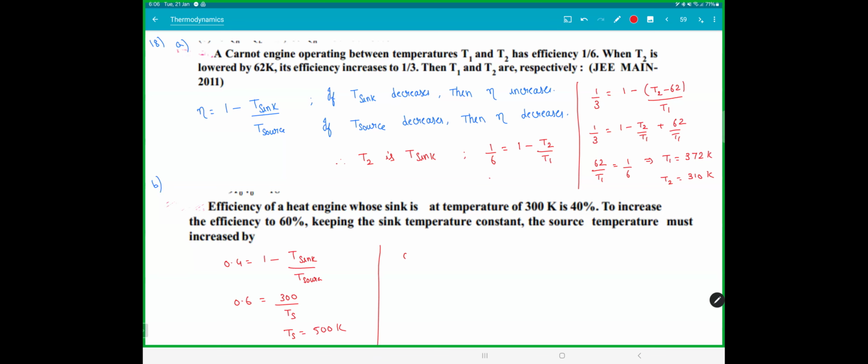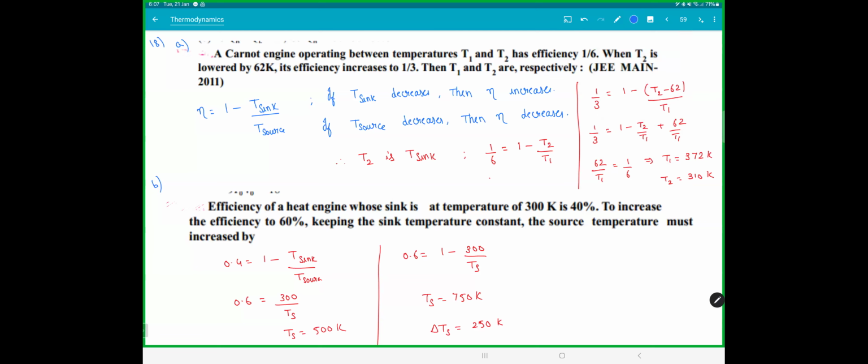Now it became 60%, so 0.6 is 1 minus T sink by T source, sink is the same, so now T source is 750 Kelvin. So the change in temperature of the source is 250 Kelvin. That was all we had to do. Easy? Clear, everyone?